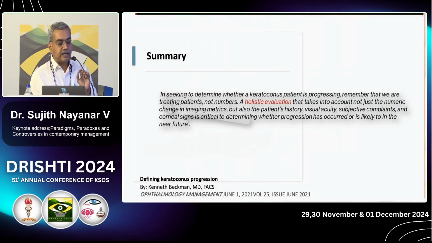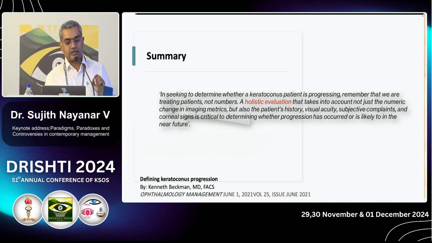To summarize, I borrow this quote from one of the articles, which says that in seeking to determine whether a keratoconus patient is progressing, remember that we are actually treating patients and not numbers.